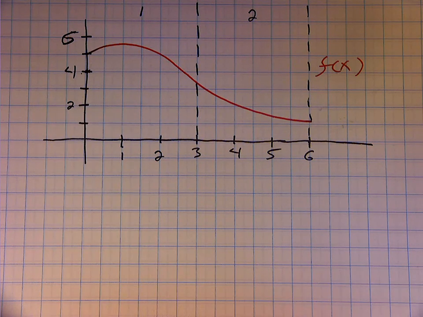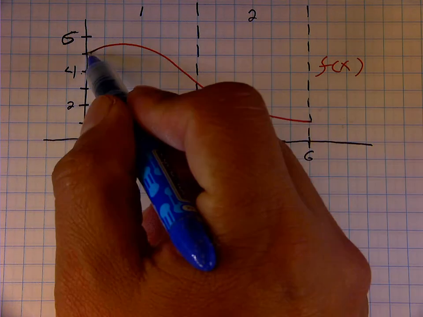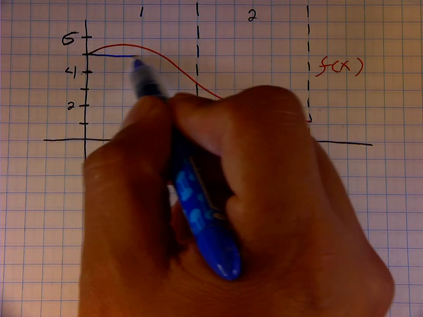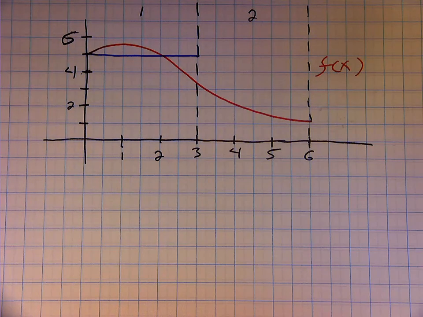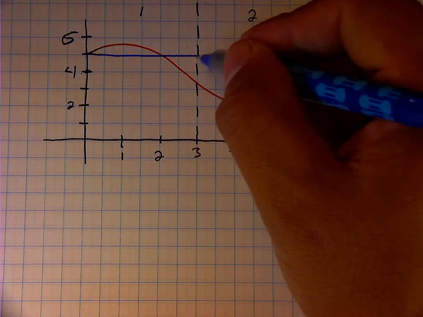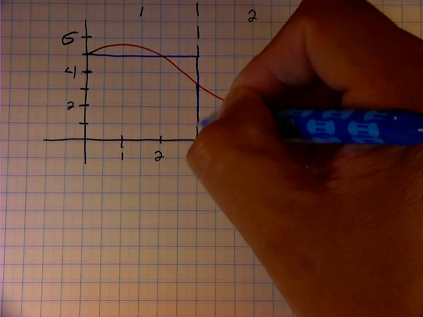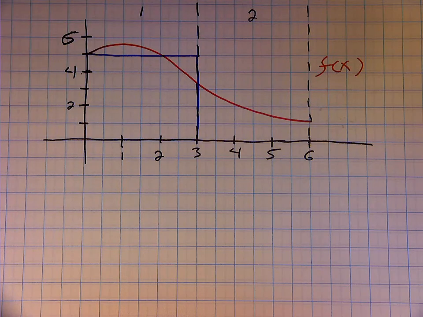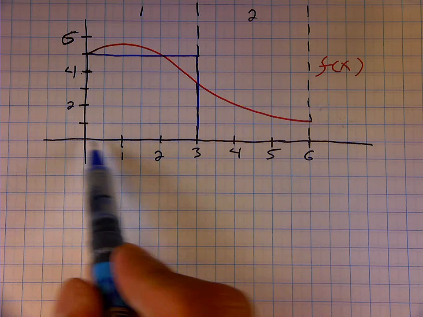So, on the left-hand side of this graph, it connects about there. And this will be rectangle number 1. It's very easy to calculate the height of that rectangle. All I need to know on that rectangle is how wide is it.